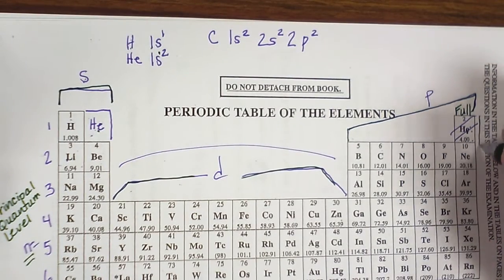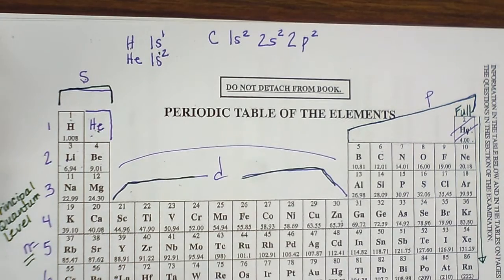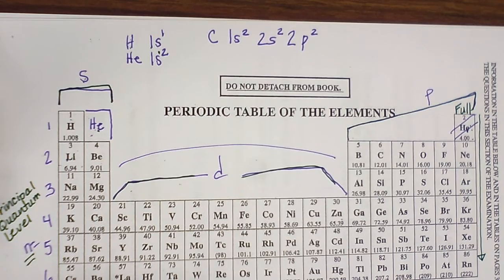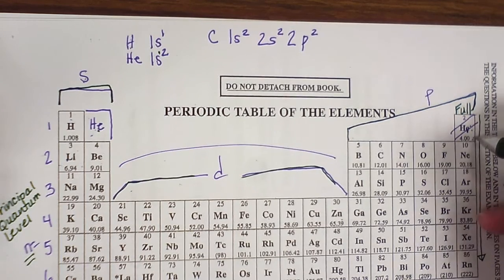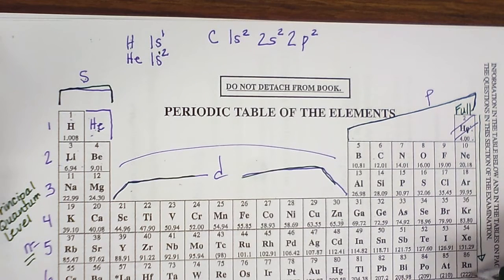The reason we call them full is because their principal energy level is full. All of these P6s, 1, 2, 3, 4, 5, 6, all of these P6s are full. It's time to open the next energy level. Once you hit P6, you have to open the next energy level.